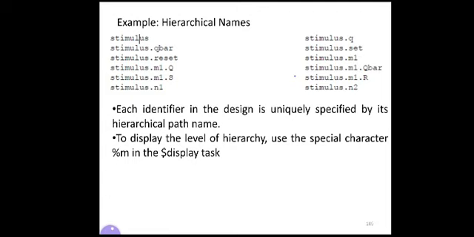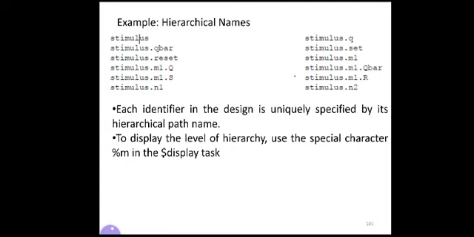Similarly, Q, set and reset are under the same level, so all of those are uniquely named: stimulus dot Q, stimulus dot set, stimulus dot reset. Suppose you want to name M1, then it will be stimulus dot M1.